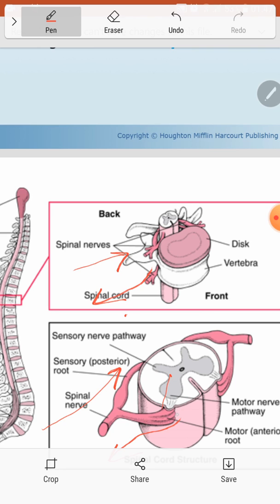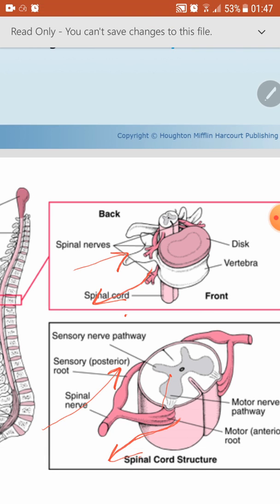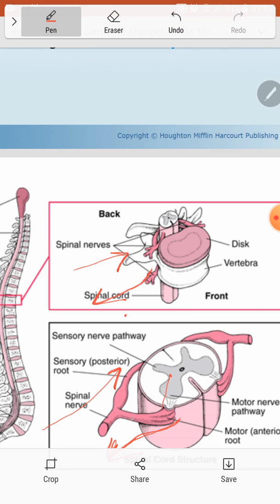Then the action will be sent as an impulse directly through the motor neuron. If it was very, very hot, like something burning, this will happen. The motor neurons will move the impulse to your hand to move it out.